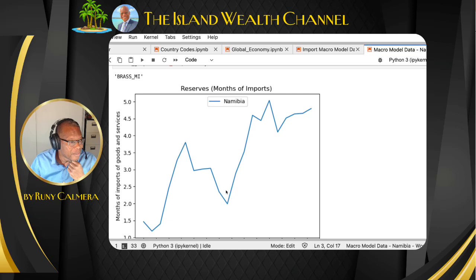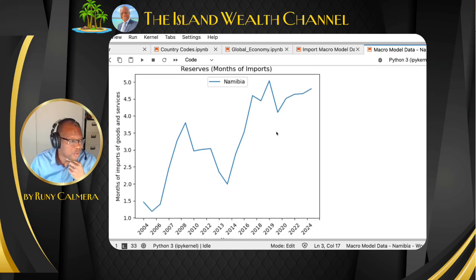So Namibia has, let's look at this, about 4.5 months of imports. This means that if the exports of Namibia go down to 0, then they have about 4.5 months in dollars, in euros, so that they can keep importing their food, their cars, and everything.